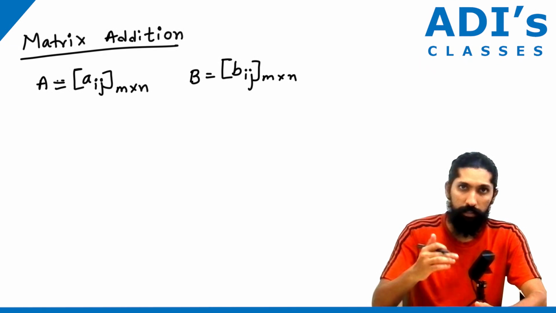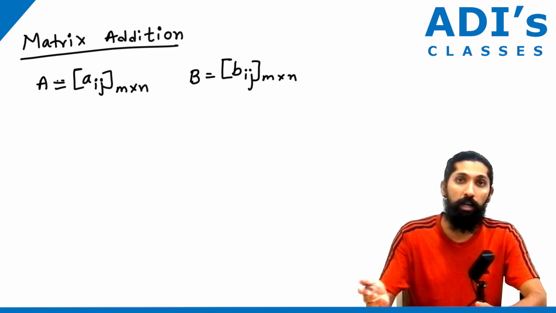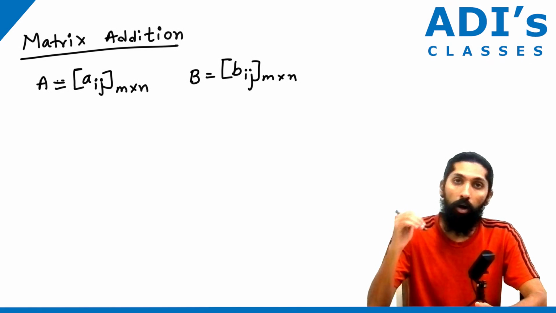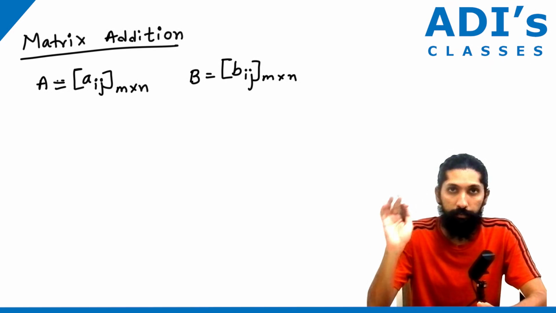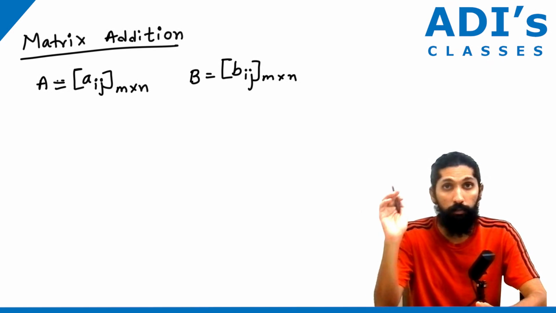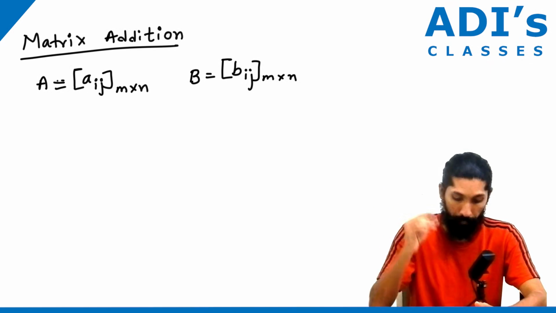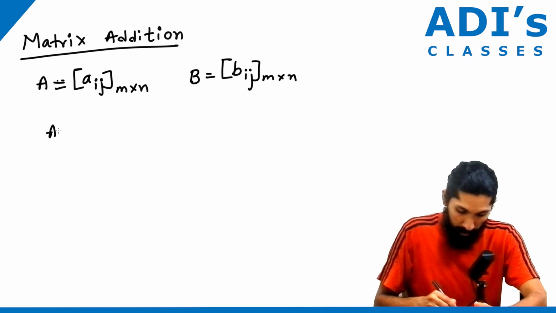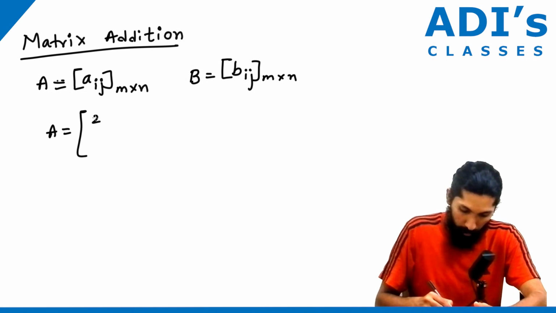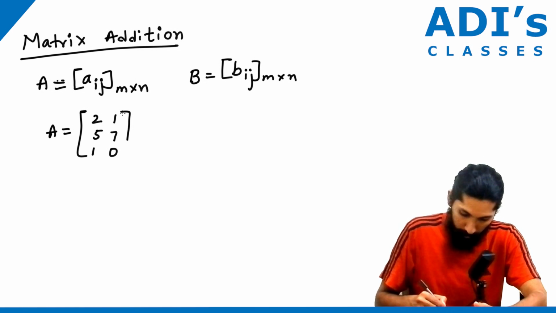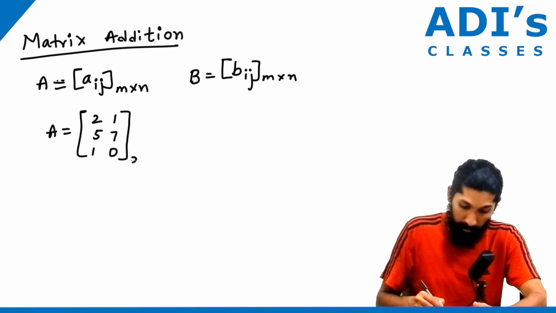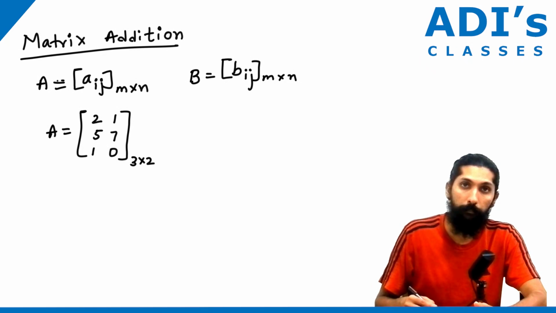Now I'll give you a simple example. We'll start with a 2 cross 2 matrix. Or let us take a different type of matrix. Let's not take a square matrix. Let's say we have matrix A is equal to [2, 1; 5, 7; 1, 0]. Now this is a 3 cross 2 matrix, correct?